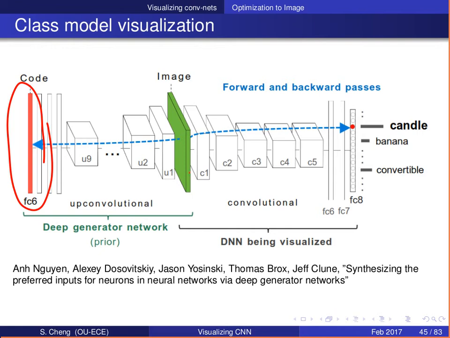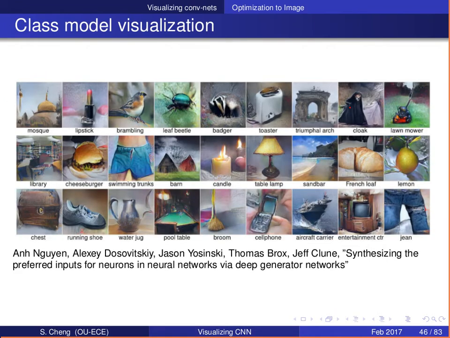One way is they try to match one of the layers. The other way is they train it to map one of the classes, to match one of the classes. And the result turns out to be just amazing. So this is the result.